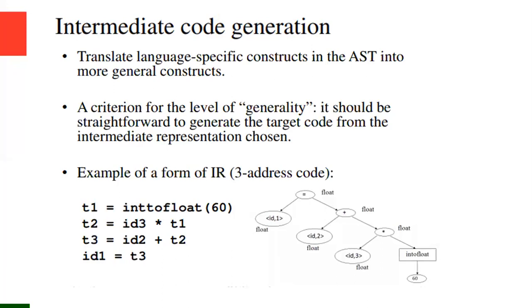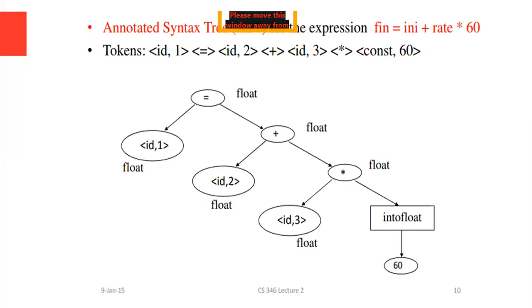So here we are having a translation of language specific constructs in the annotated syntax tree into more general constructs. So we are constructing the annotated syntax tree for the expression. Here the expression is fin is equals to ini plus rate into 60.